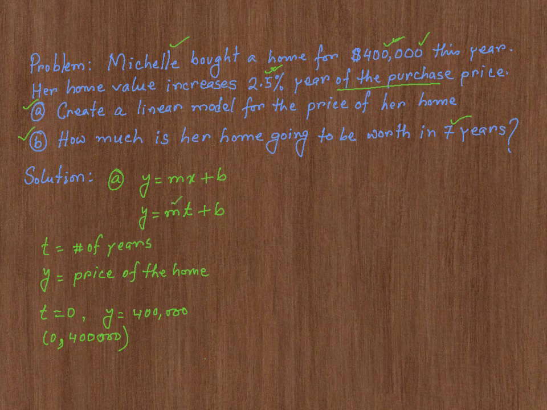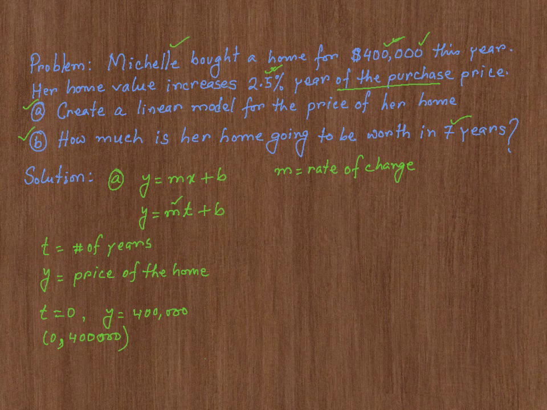Now, what is the slope here? Rate of change, m. How is the price of the home changing? Remember, we talk about m as slope, which is rate of change. In the real world, it is how one variable changes with respect to another.